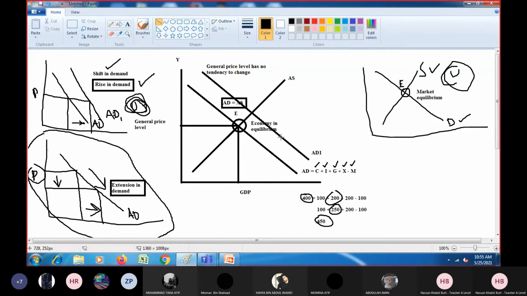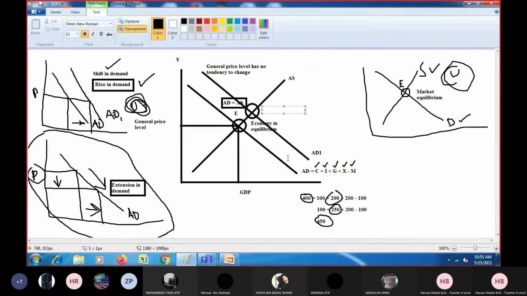Okay, now the equilibrium changes, because now the new aggregate demand curve is AD1 rather than AD. So now the new equilibrium will be how much? Let's see. Now the new equilibrium will be this one. Because here, the new demand curve is AD1, and that is equal to aggregate supply.